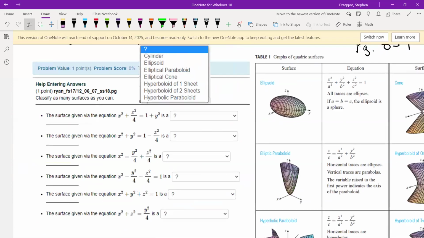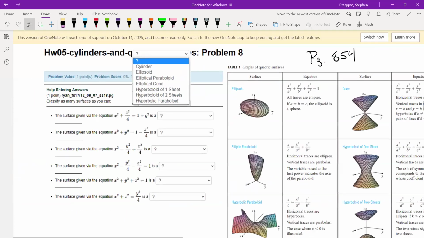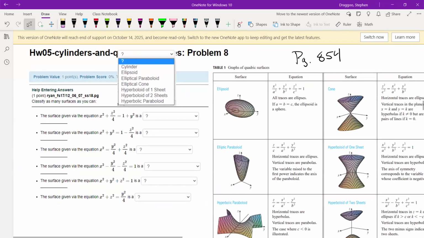Everybody's favorite WebWorks set. Identifying quadratic surfaces. So, if you get a problem on the exam where you have to identify a quadratic surface, my best and first advice to you is to ignore all of the numbers.